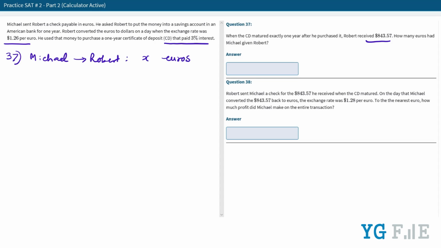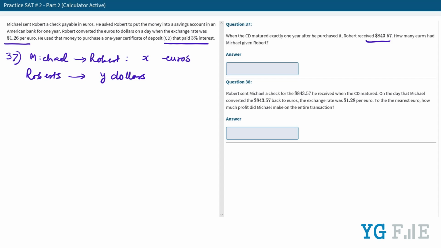Now Robert converts this into dollars because he is putting the money in an American bank. So Robert converts the euros into Y dollars, and he converts it using this exchange rate of 1.26. So there is some dollars he used.